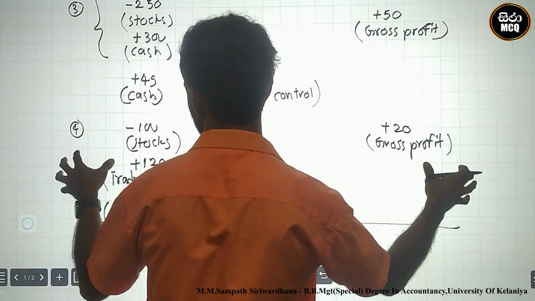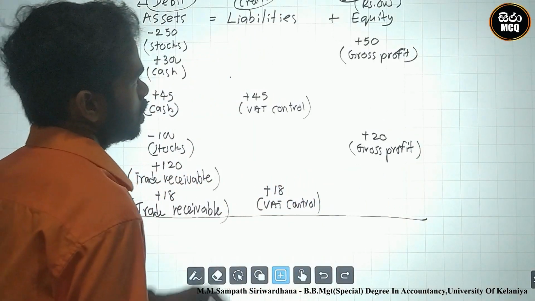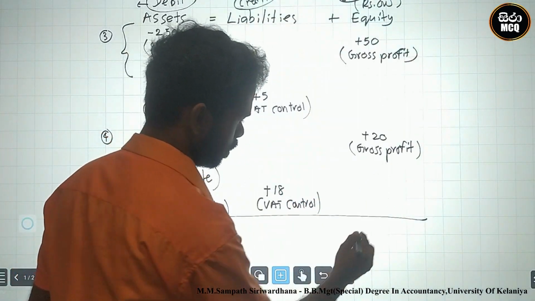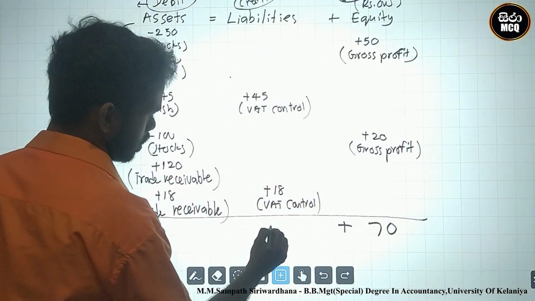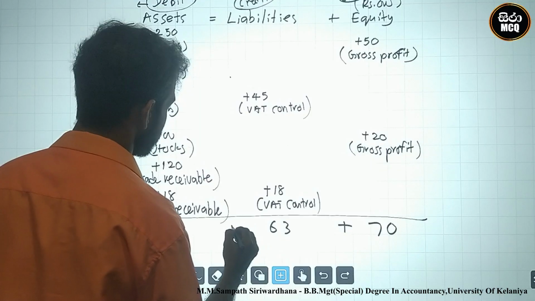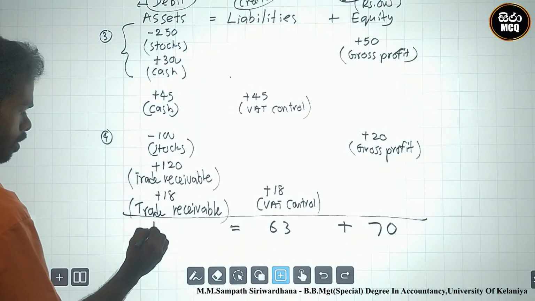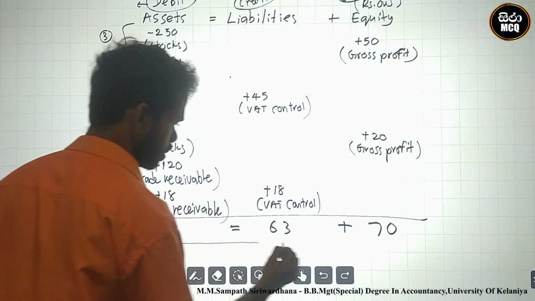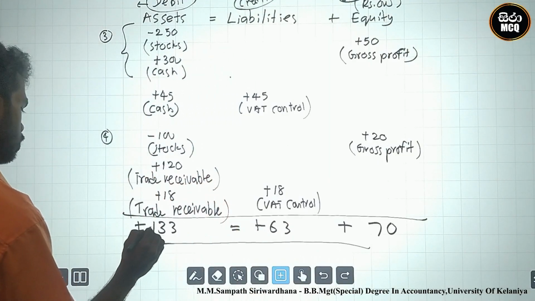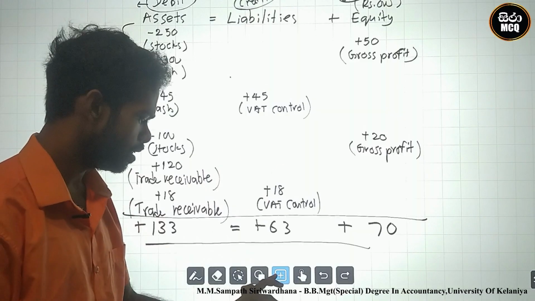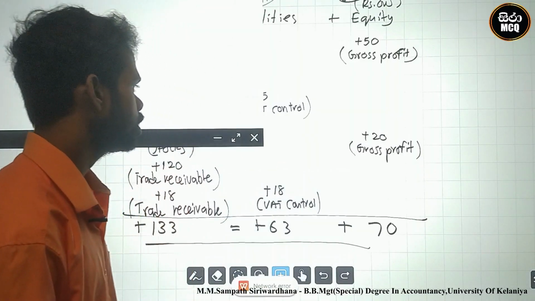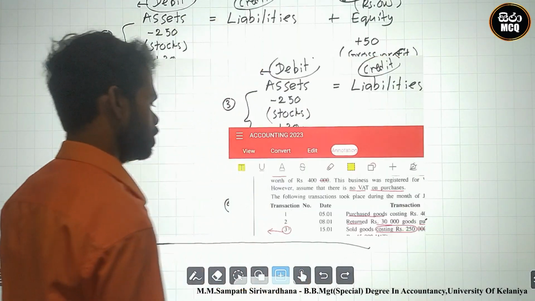This is the impact. Look here. Equity 70 plus, liabilities 63 plus, equal to 133 plus. This is the impact on the equation. 133, 63 plus 70. What is the answer for question number 6?